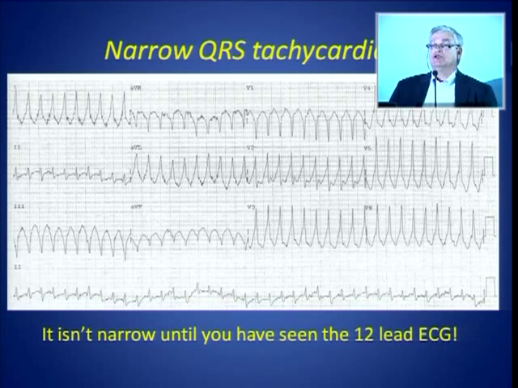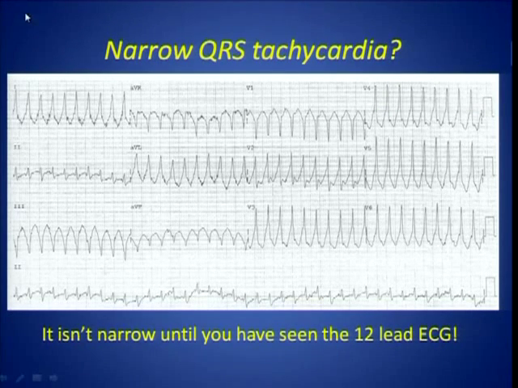There's the 12 lead. A narrow QRS isn't a narrow QRS until you've done a 12 lead. This is the strip they were monitoring, and it looks for all the world like a narrow QRS, and anyone would have said this is SVT, but this is VT. It's clearly VT. This is not a narrow QRS. It's a wide, bizarre, abnormal QRS.